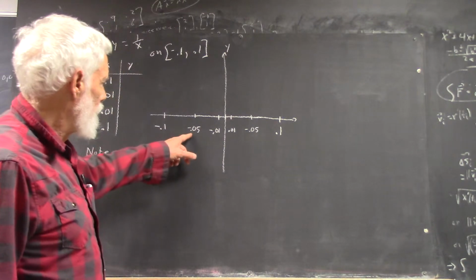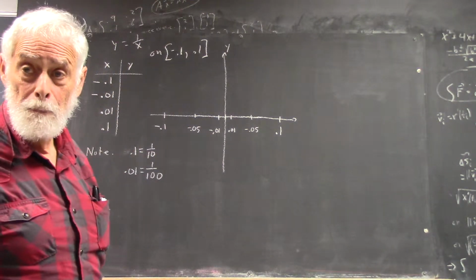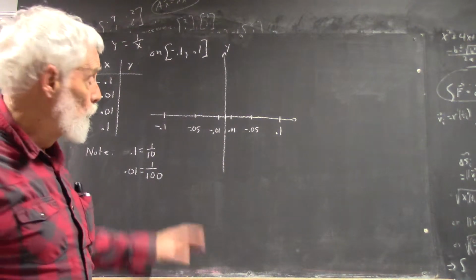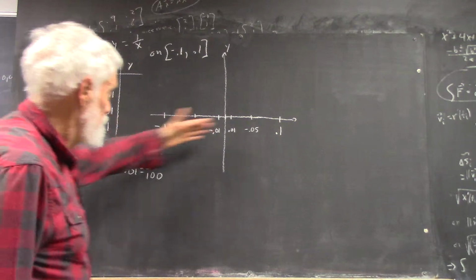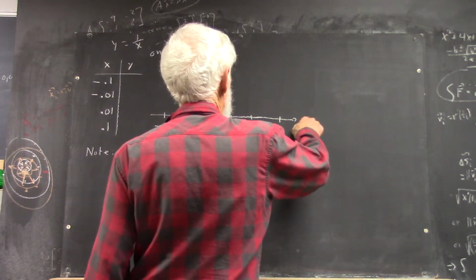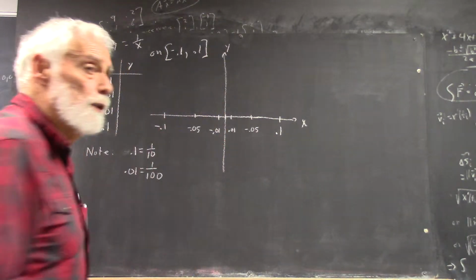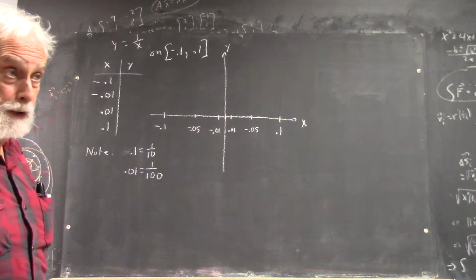No point in subdividing the 0.05 because it doesn't appear in the graph, right? So we're kind of working in powers of 10 now. So I would set my x-axis like this. We don't know what numbers to use on the y-axis until we figure out what these values are, right?